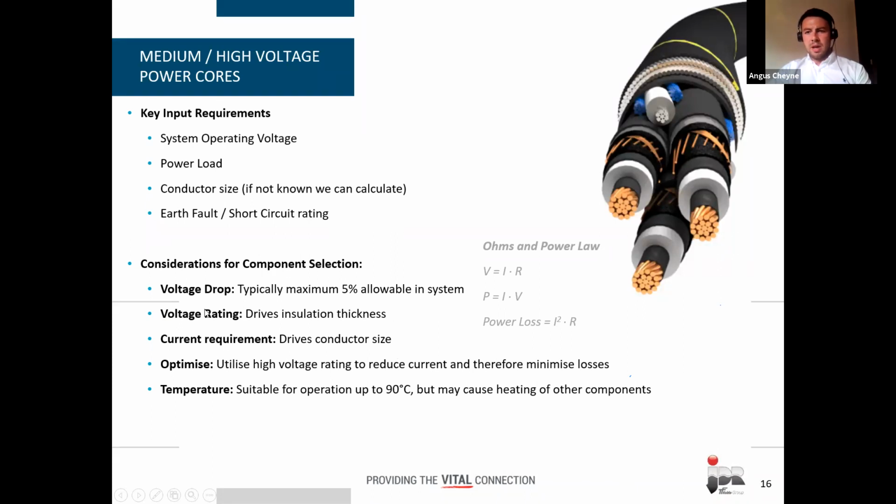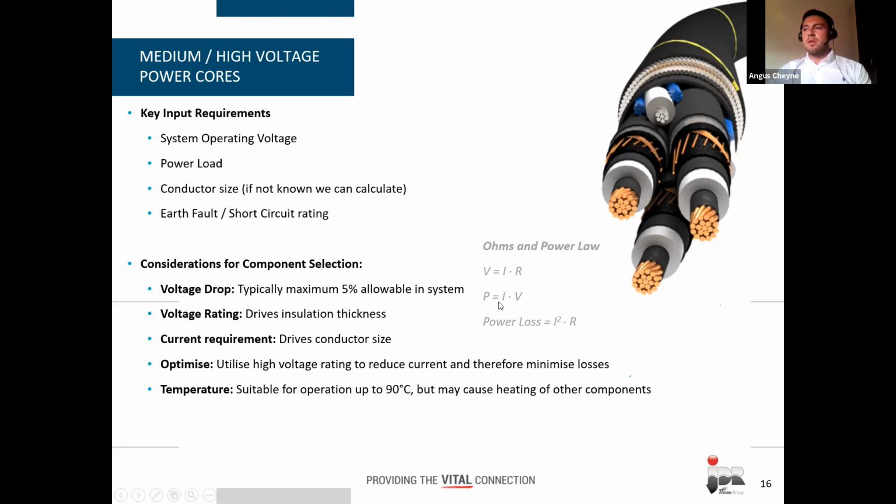And to explain why this is important, we can look at some top level and basic electrical equations. So if we consider Ohm's and the power law, P equals IV, the power, which we know is constant because we need to provide a certain power transmission. That's why the cable is being requested.